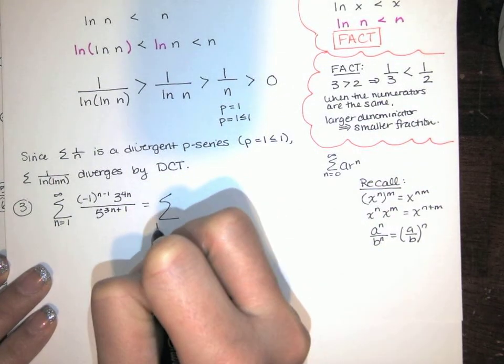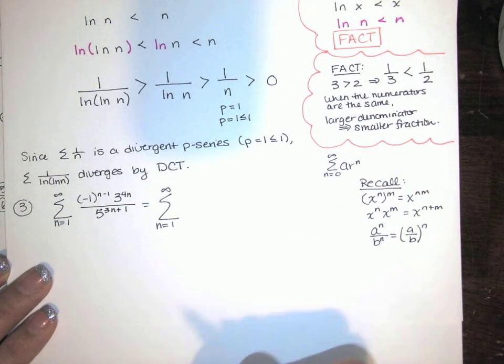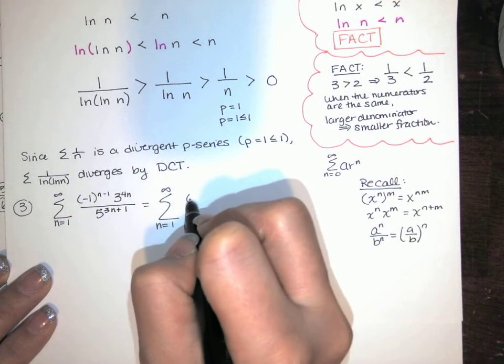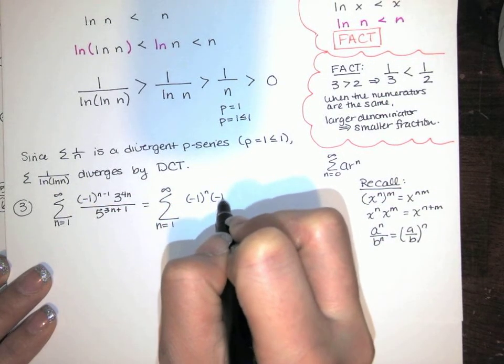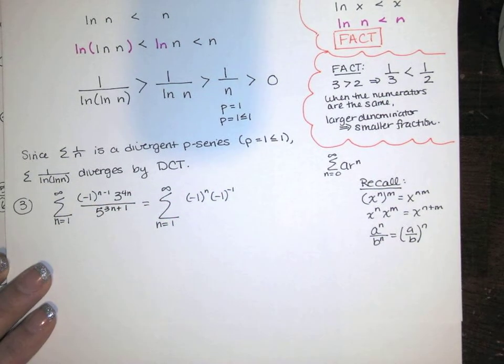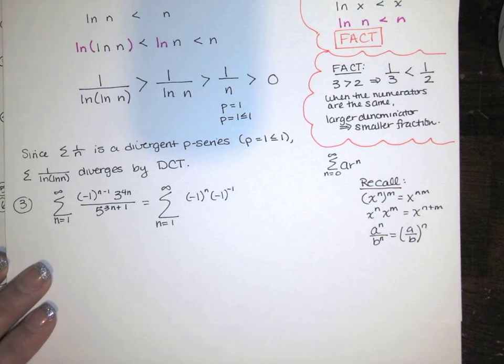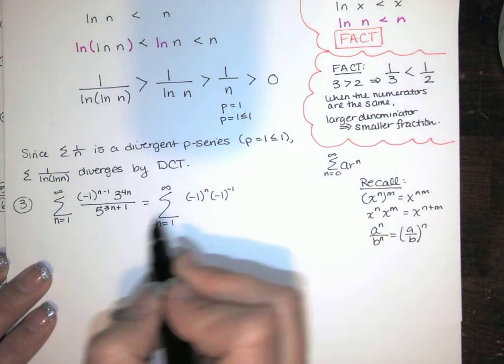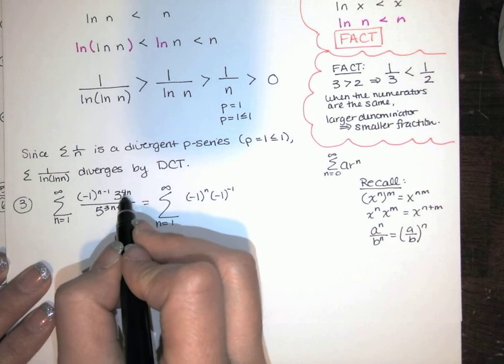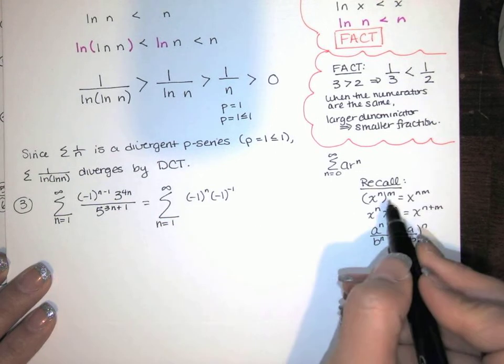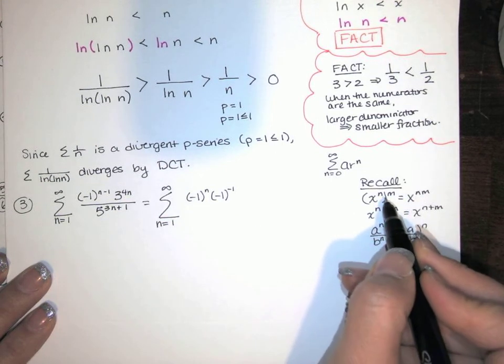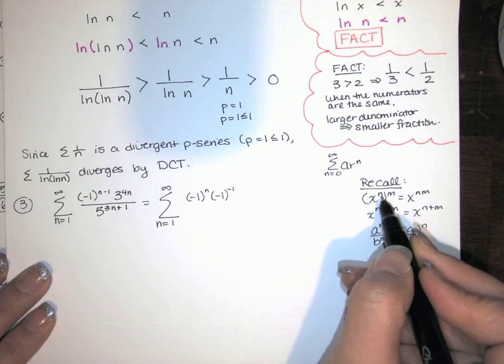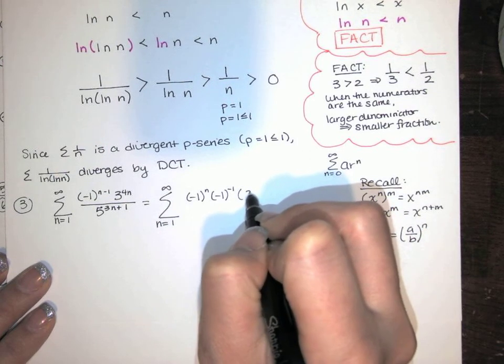So we're just going to do the algebra. If you want, you can write that as a negative 1 to the n times a negative 1 to the negative 1. That just puts a negative 1 in the denominator. Over here, I've got a 3 to the 4n. According to this rule, I can break that up and call it 3 to the 4th raised to the nth.